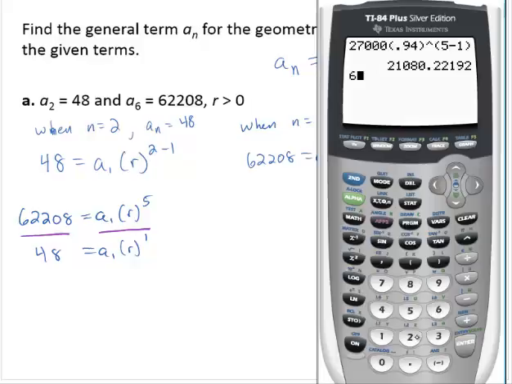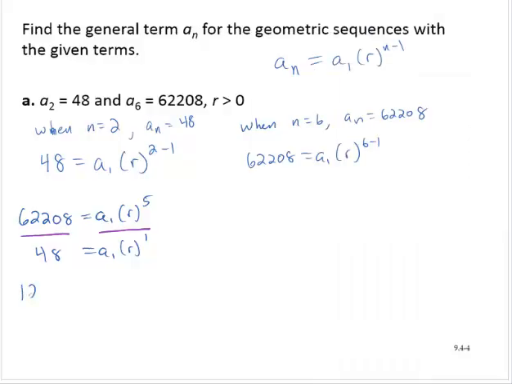So 62,208 divided by 48 is 1,296. A sub 1 divided by a sub 1 is 1, so those reduce out. And I have r to the 5th divided by r to the 1st, and so that's r to the 4th.